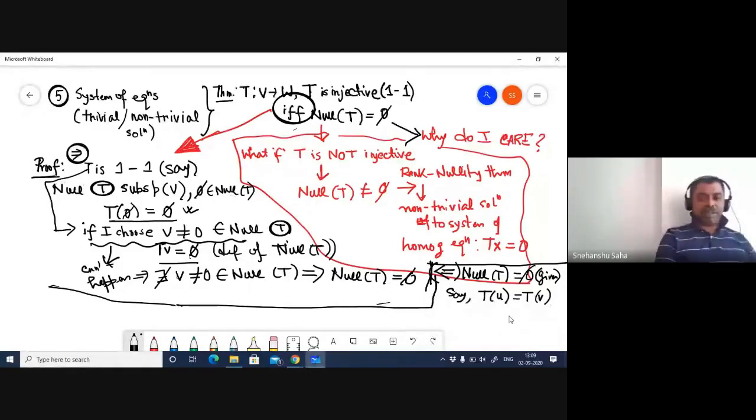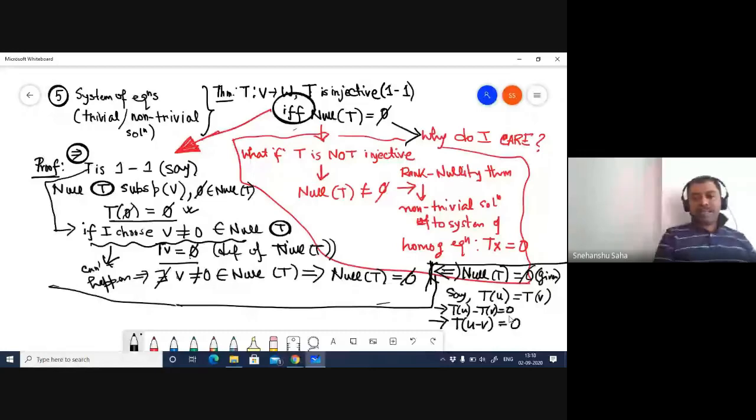In this case, T is a linear transformation. So what I can write here correspondingly is that T of U minus T of V equal to 0. Now, by virtue of the properties of linear transformation, T of U minus T of V can be written as T of U minus V. This is a property of linear transformation.